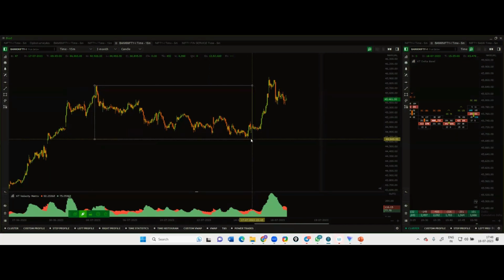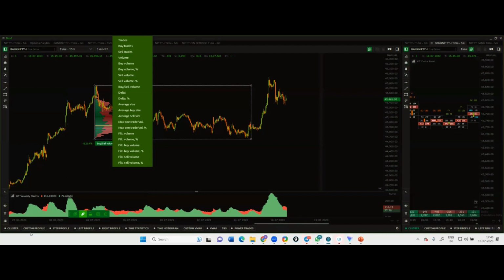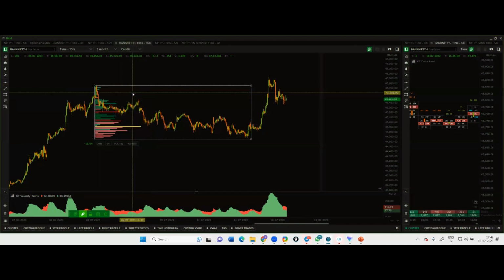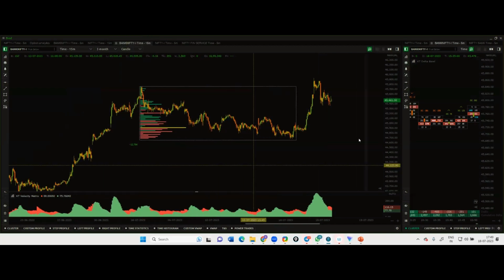For example, let's say that price is pulling back and you see that this particular move is happening. So what do you do? Go to custom profile, plot delta profile over a price range. Go to volume, change it to delta here. Look for the price area of high delta bars.